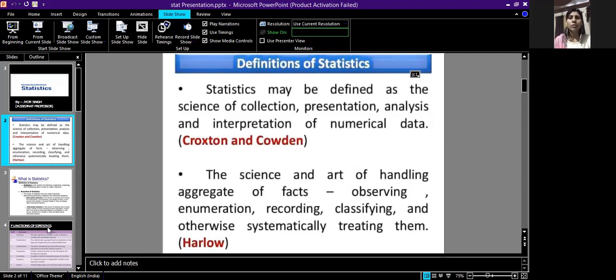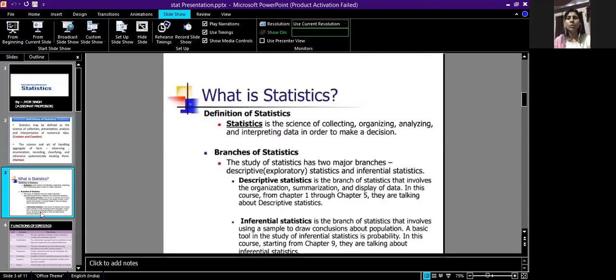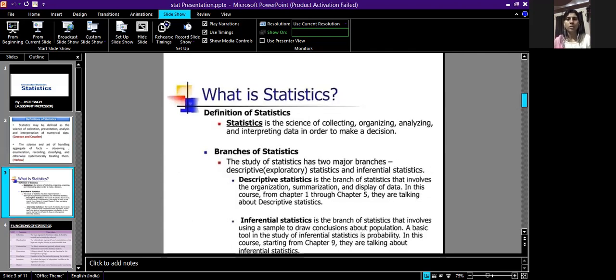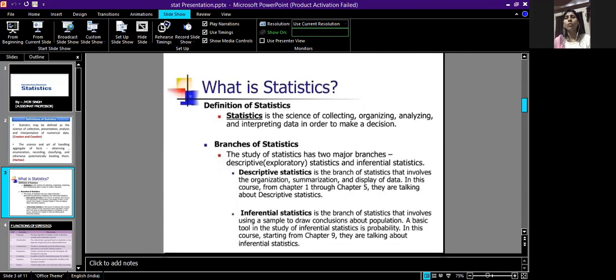After the definition of statistics, let's move to the next topic, the functions and meaning of statistics. So what is statistics? Statistics is a science of collecting, organizing, analyzing, and interpreting data. We start with the collecting part.